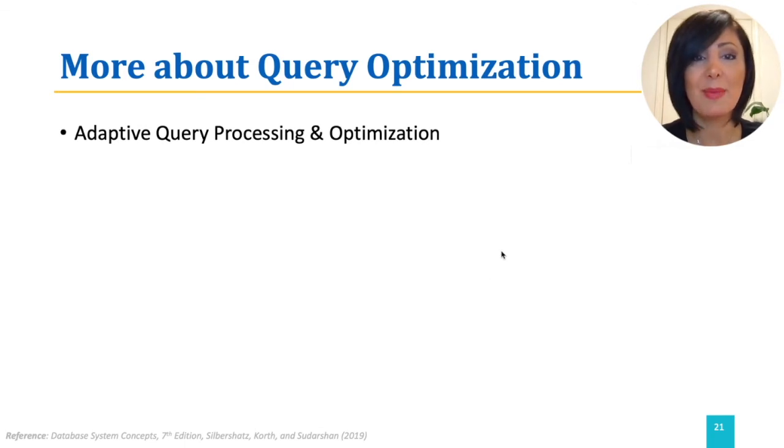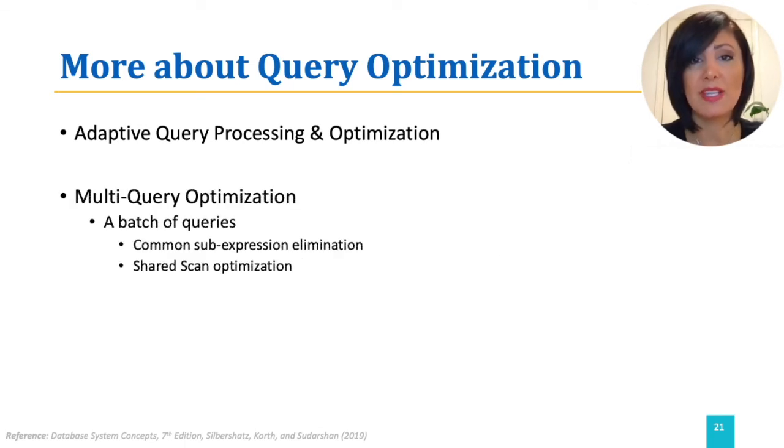Another interesting topic is multi-query optimization. Sometimes a batch of queries are submitted together to a database management system. A query optimizer in this situation tries to minimize the work across all the submitted queries.